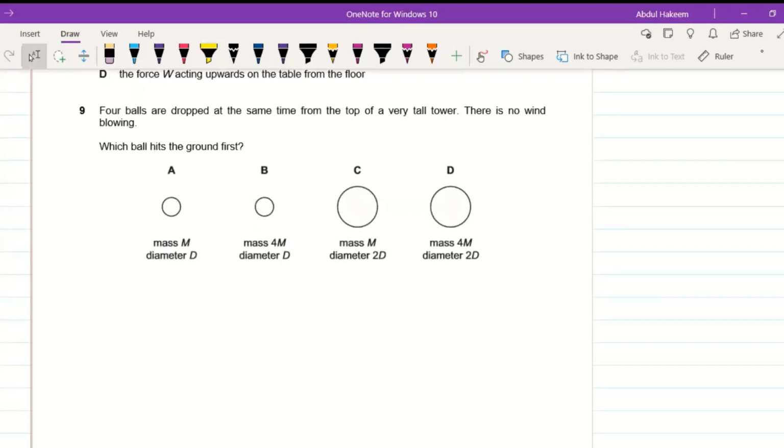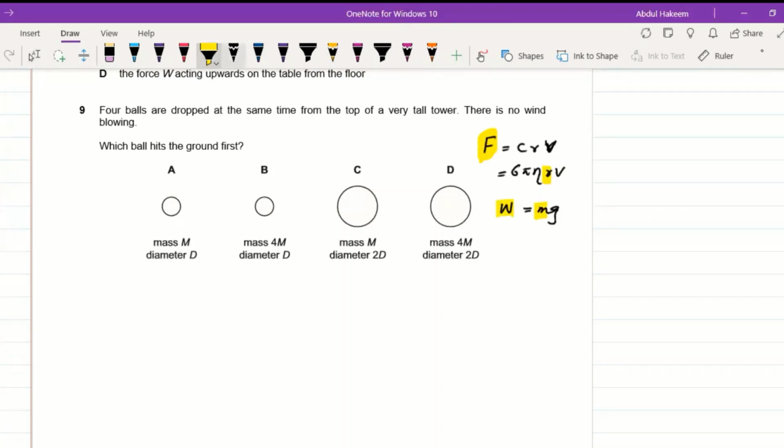Look, we have to compare air resistance, which is CrV, or it is 6πηrV, and we have to compare the weight, which depends on the mass. So this force, air resistance, depends on the radius, meaning the diameter, and the weight depends on this.